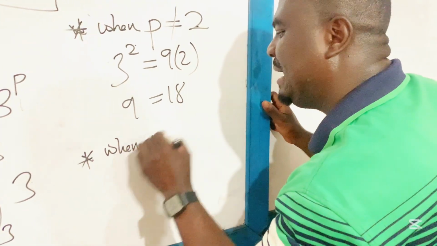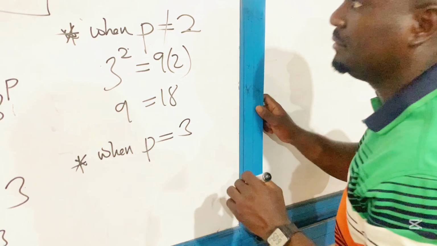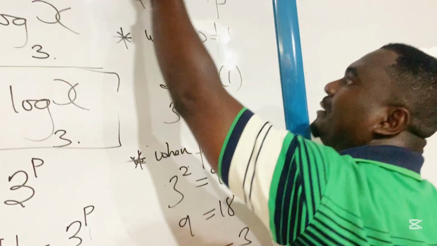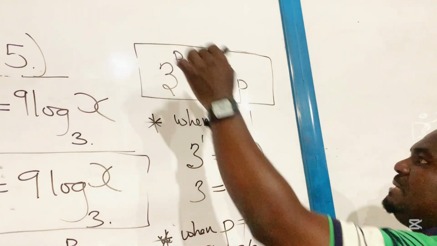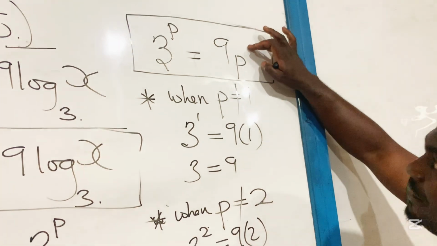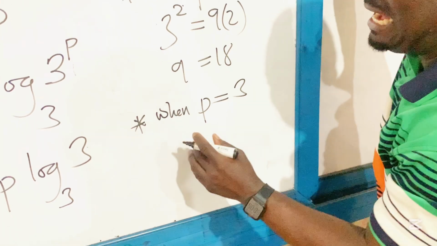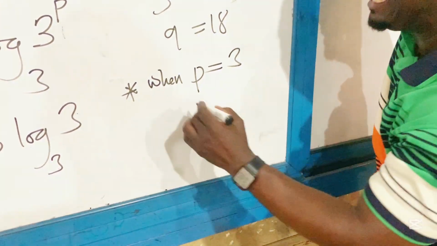So let's test another number. When p is 3, meaning wherever we see p, we have to substitute with 3. So whether the left will be equal to the right, let's check.